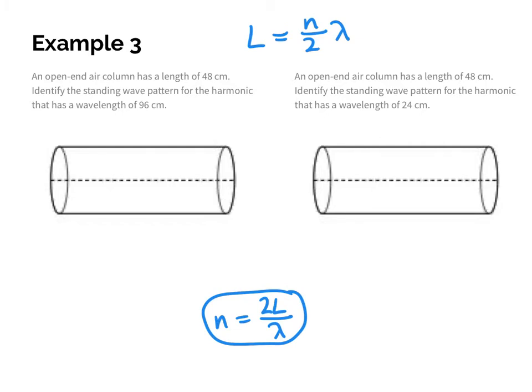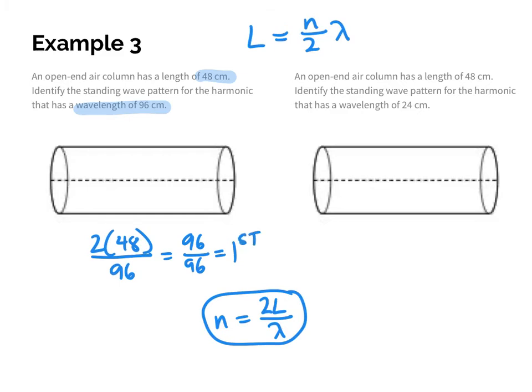So for example, in this one, we have a length of the air column which is 48 centimeters, and the wavelength is 96. So I'm going to take 2 times the length, which is 48, and divide it by the wavelength, which is 96. So 2 times 48 gives you 96. Divide that by 96, you get 1.